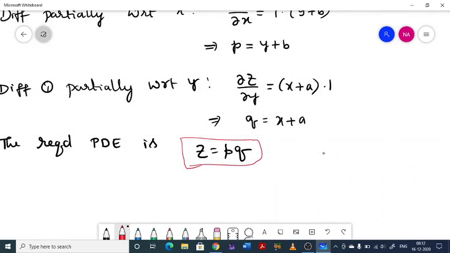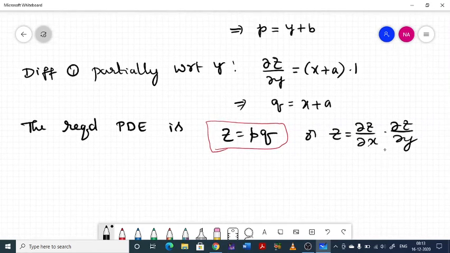So you can write this also like this, z equal to dou z by dou x into dou z by dou y. See, this is an equation because it involves an equality sign and it involves partial derivatives, so it is a partial differential equation. So given a function, I got a partial differential equation. That is the first problem.